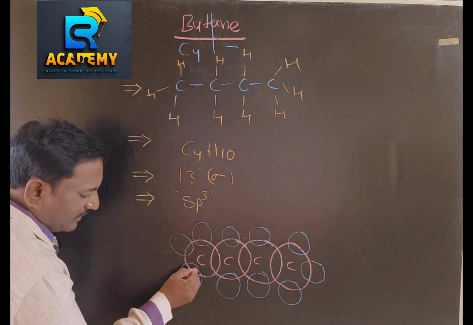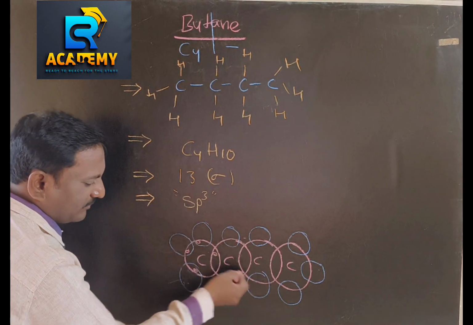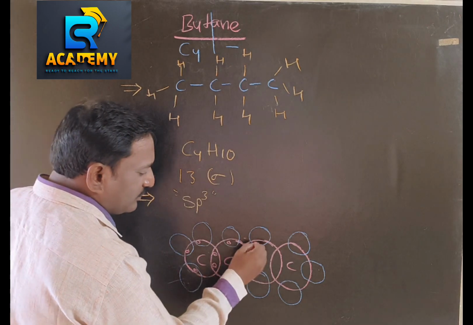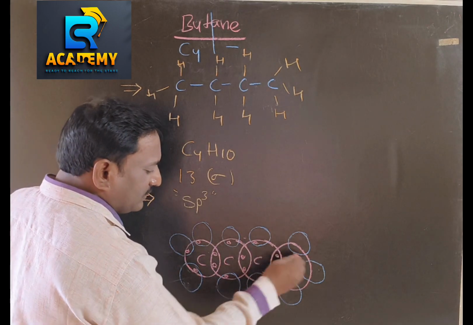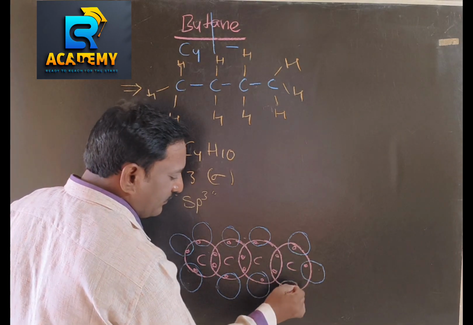So carbon dot 1, 2, 3, 4. This carbon 1, 2, 3, 4. This carbon 1, 2, 3, 4. This carbon 1, 2, 3, 4.